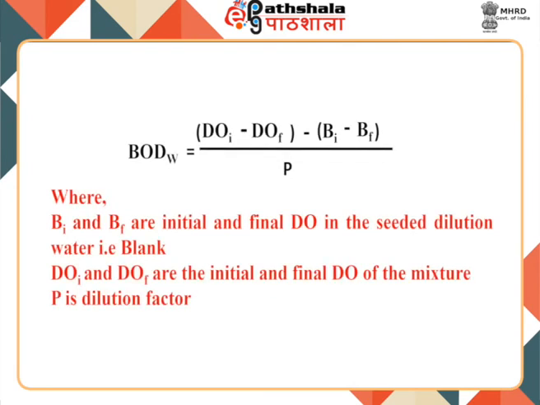In such cases, to find the BOD of the waste itself, it is necessary to subtract the oxygen demand caused by the seed from the demand in the mixed sample of waste and dilution water. In this case, 2 BOD bottles must be prepared, one containing just the seeded dilution water and the other containing the mixture of both wastewater and seeded dilution water.